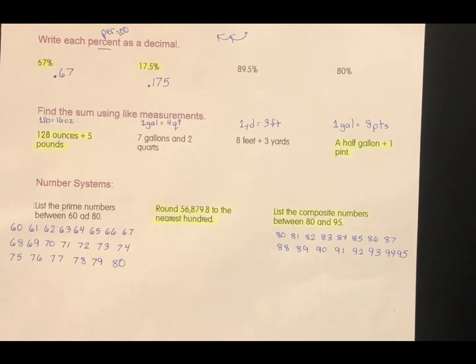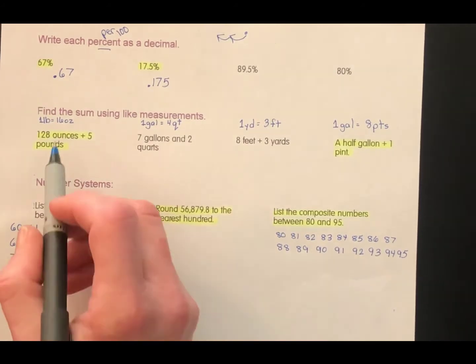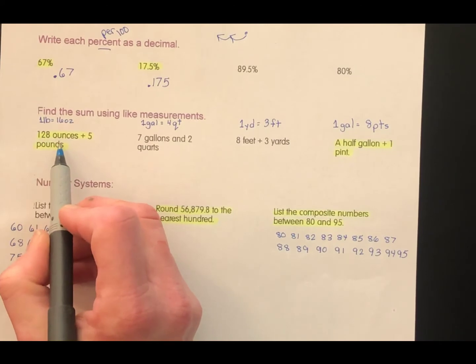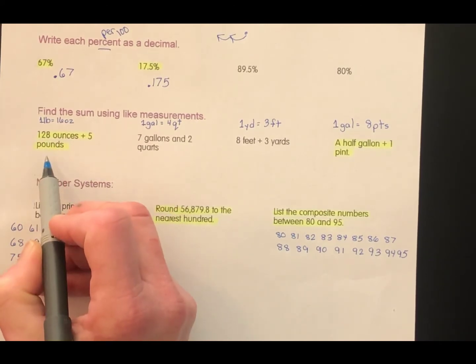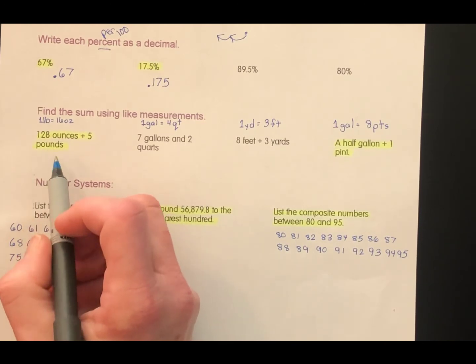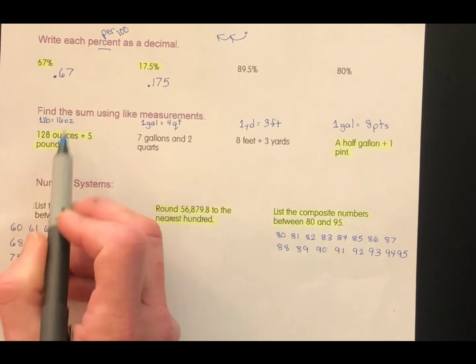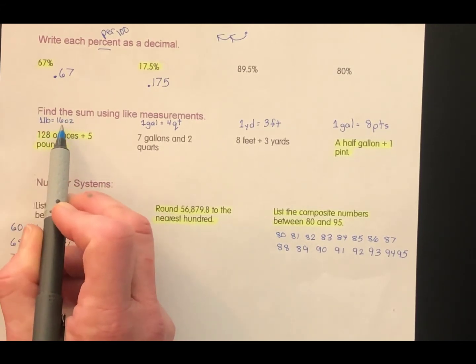Now we're going to convert units to find the sum. If we have 128 ounces plus 5 pounds, what do we have all together? Well, we've got ounces and pounds. I put up here conversions. 1 pound is 16 ounces.